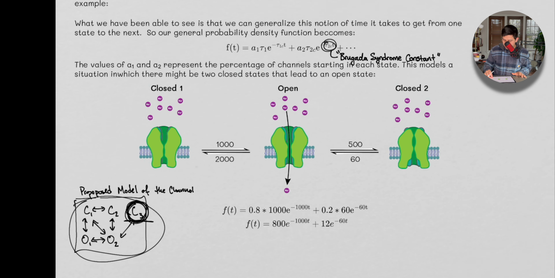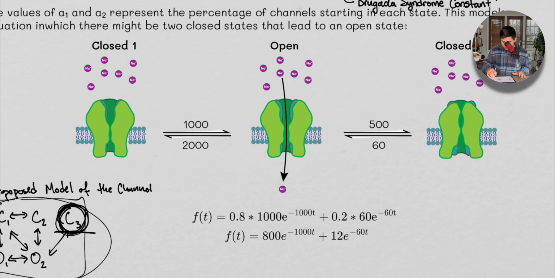Okay? So in this example, suppose now we have 100, or we have 1,000. So 1,000 is our constant that takes us from closed 1 to open. So that's this 1,000 right here. And then we have 60 to take us from closed 2 to open.